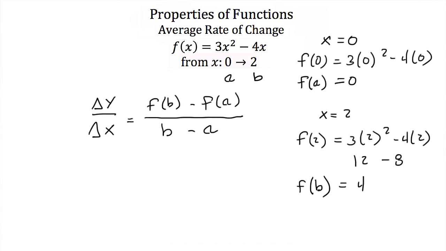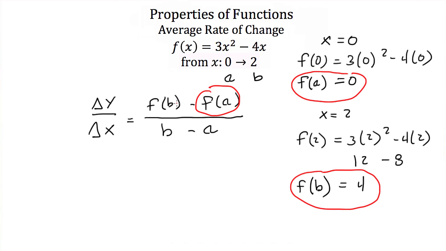So I have everything I need. I'm going to plug in this for that, this for that. A is going to be 0 and b is going to be 2.